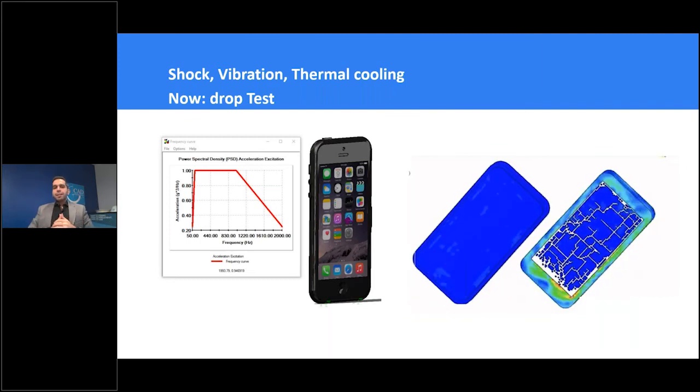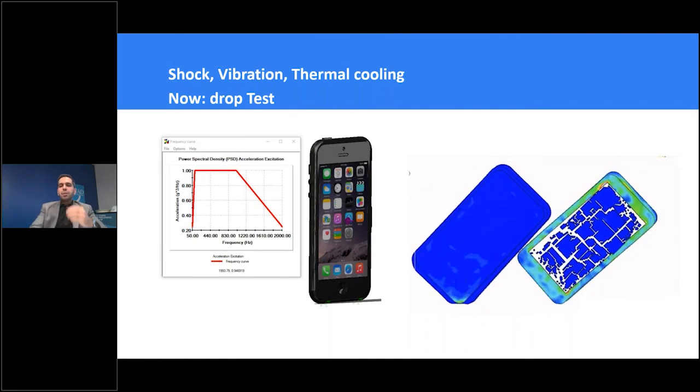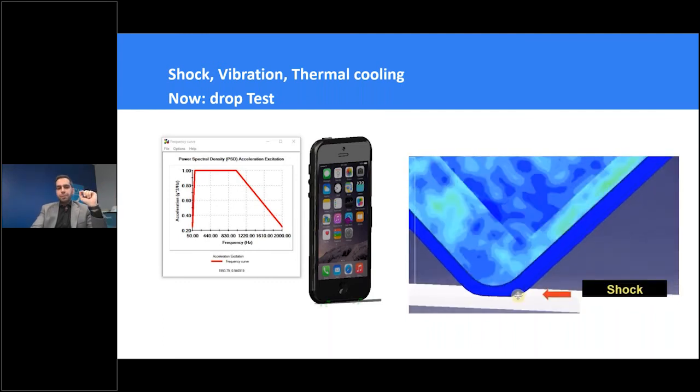As you can see on the right side, the glass is broken because there is no rubber, and the impact is sharper and energy goes to the glass. These are the level of capabilities that we can do now right inside SOLIDWORKS.